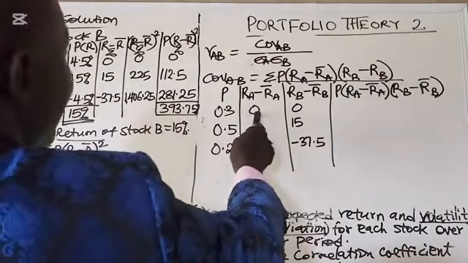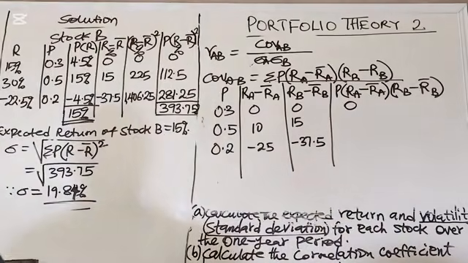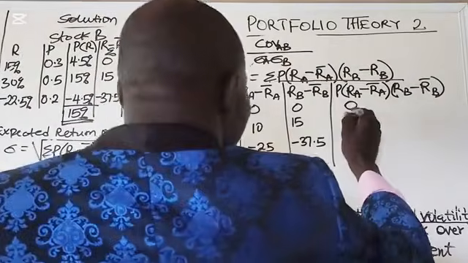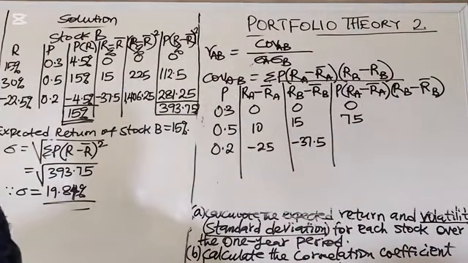0.3 times 0 times 0, that would be 0. 0.5 times 10 times 15, that gives us 75. Then 0.2 times minus 25 times minus 37.5.